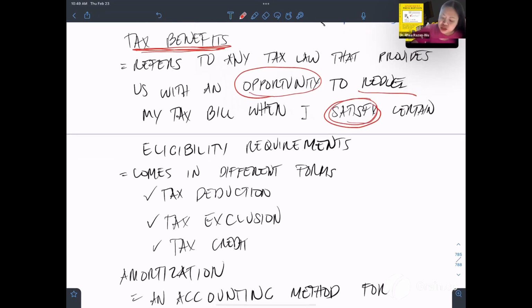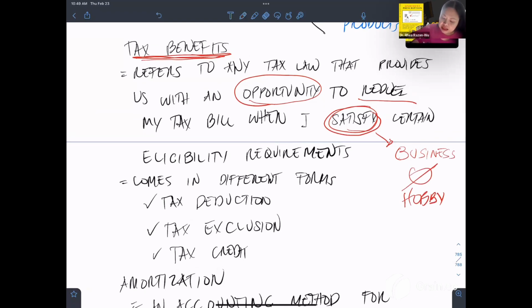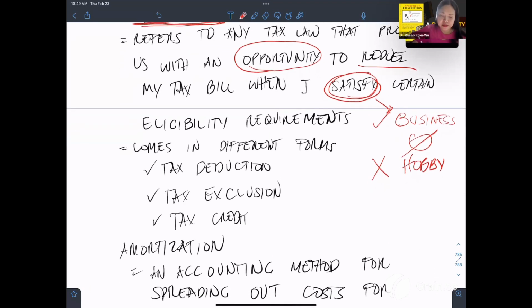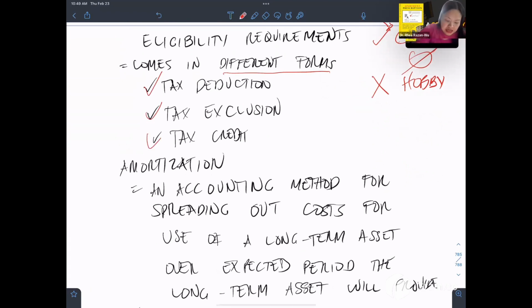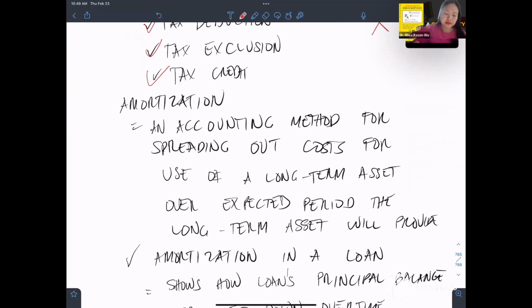What I need to do to satisfy this is be a business, and it should not be a hobby. If it's a business, you will get the tax benefits. If it's just a hobby for you, then you're not going to get any tax benefits. Tax benefits come in different forms. They could be tax deduction, tax exclusion, or tax credit.